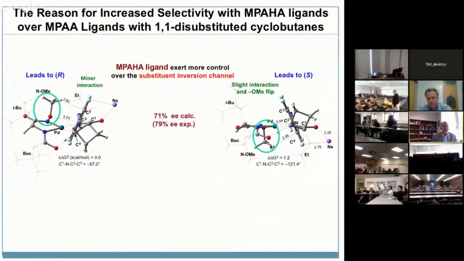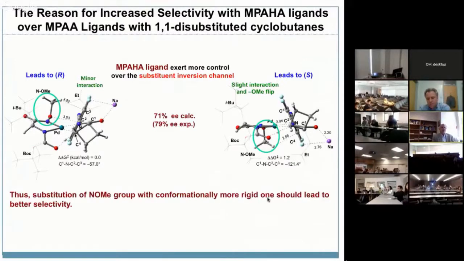But because of the geometrical flexibility of the methylhydroxamic group, at the transition state it flips in order to avoid interaction between the ligand and substrate. This analysis predicts that if we replace the methylhydroxamic group with a conformationally more rigid one, we could get better selectivity of the reaction.